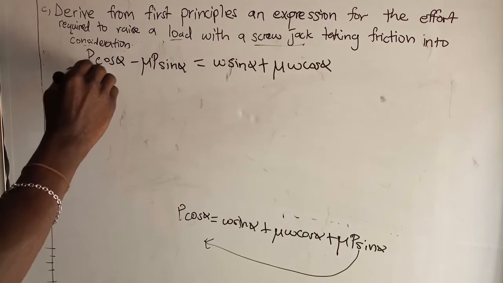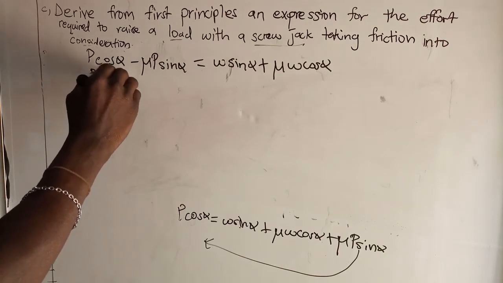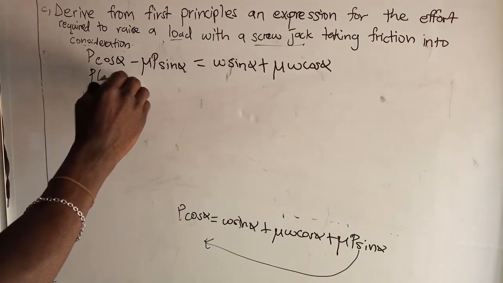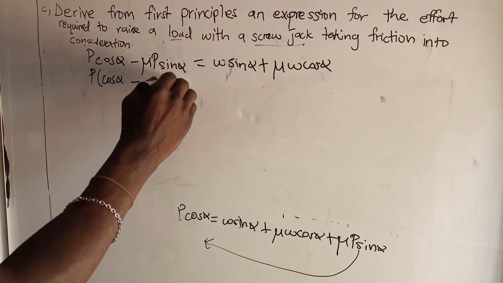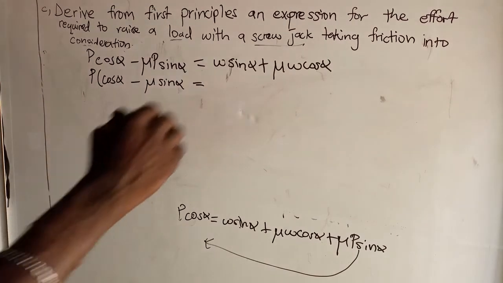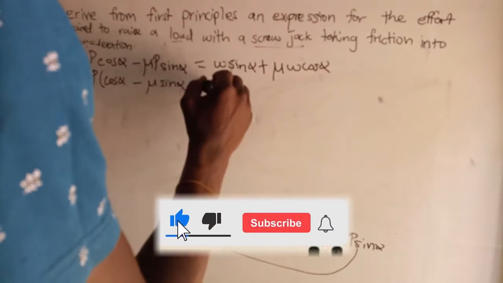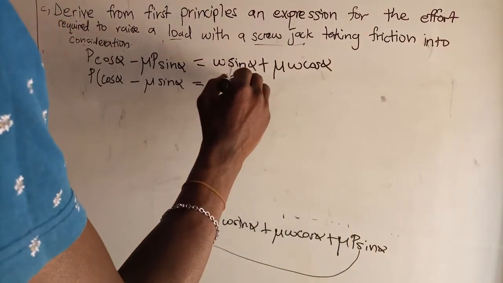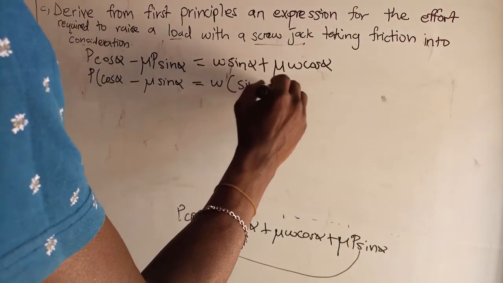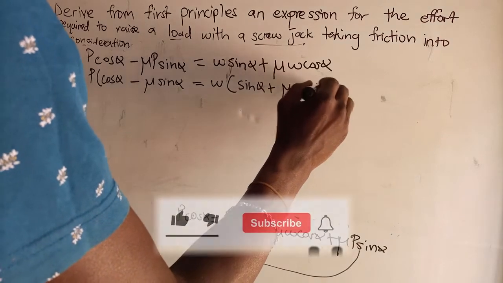When I pull P outside, we have P times cos alpha minus mu sin alpha equals, pulling out W which is common here, W times sin alpha plus mu cos alpha.